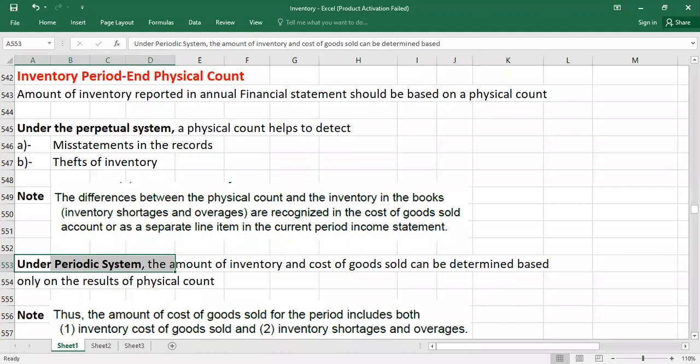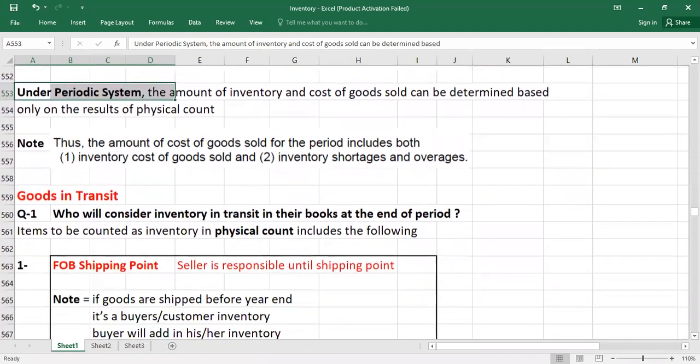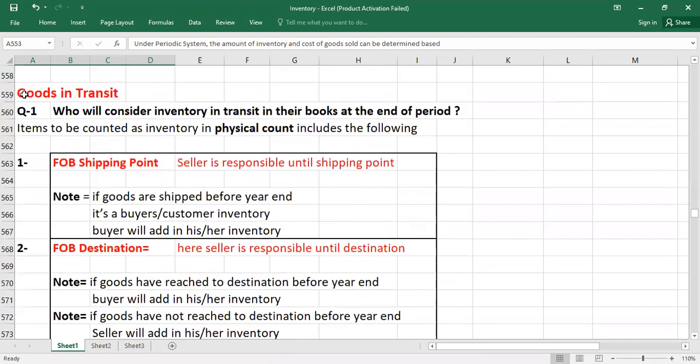Now we are going to talk about goods in transit, because this is what is going to affect your physical count. So goods in transit means, for example, if you are living in the UK, maybe you are buying a product from the USA. Your supplier will dispatch the goods from the USA, and by the end of the period, these goods might be with the shipping company.